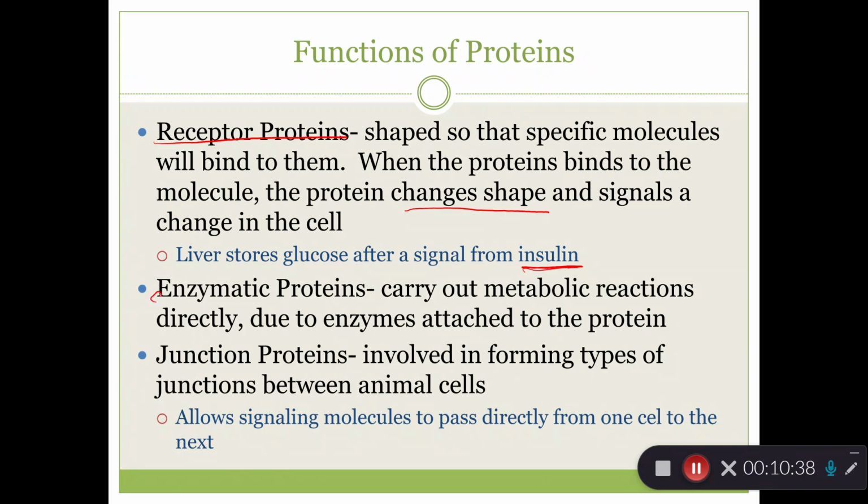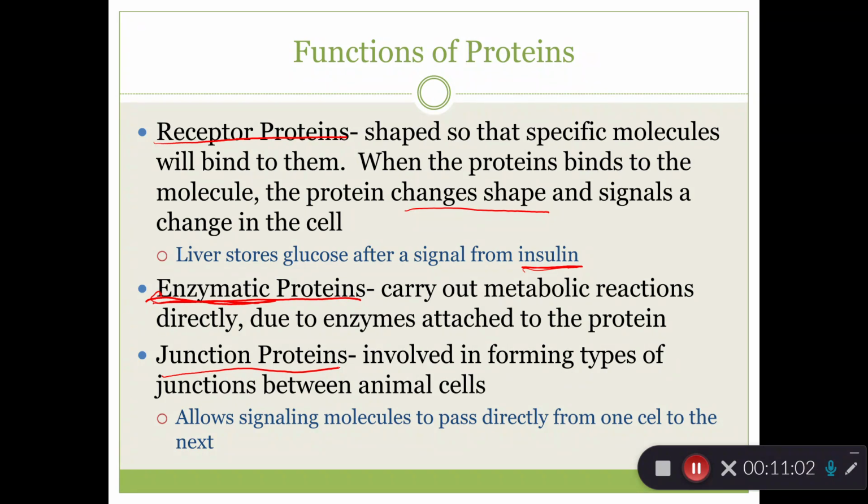Remember, enzymes are proteins that speed up a reaction, right? They're catalysts. They speed up a reaction. So enzymatic proteins carry out metabolic reactions directly due to enzymes. Junction proteins are going to be involved in forming types of junctions between animal cells.